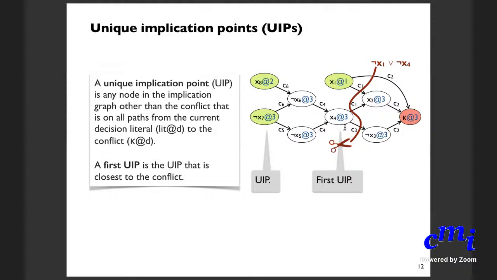These are implied decisions, right? If I fix X8 and X7, that's when I fix X6 and X5.